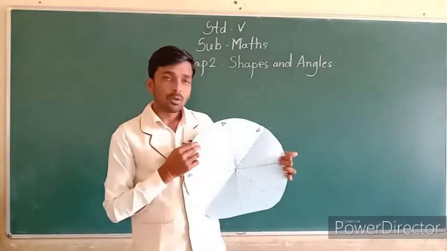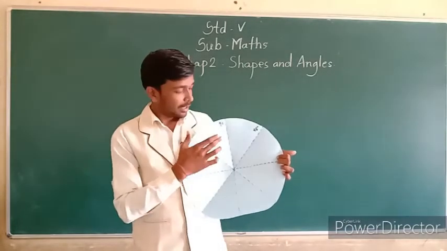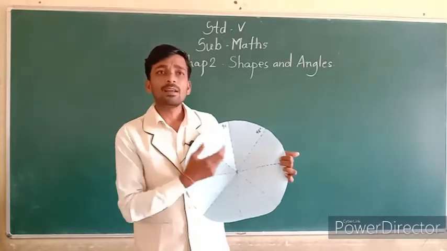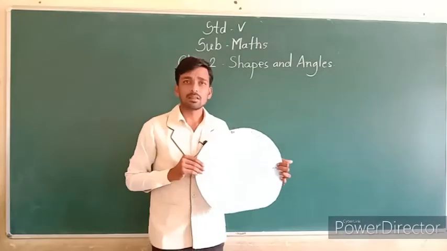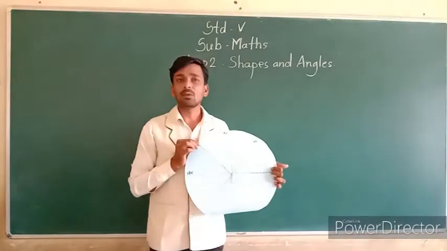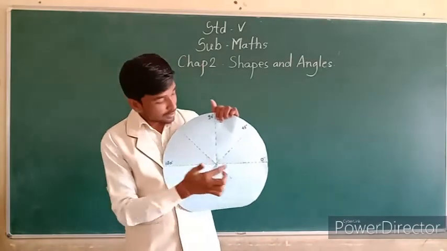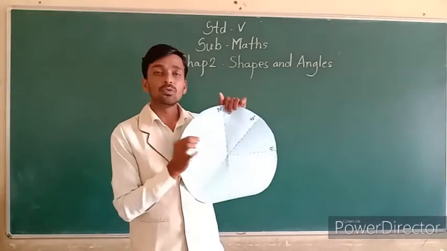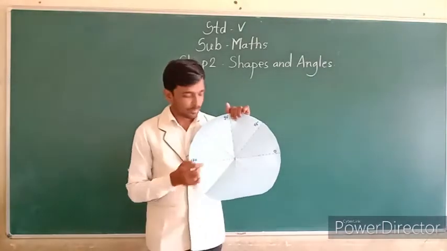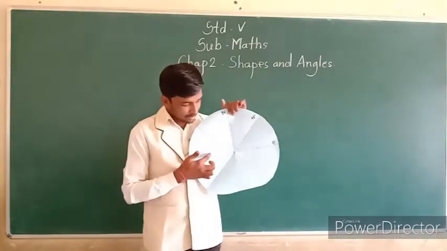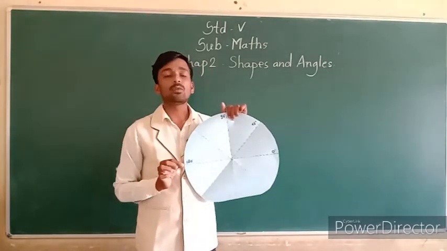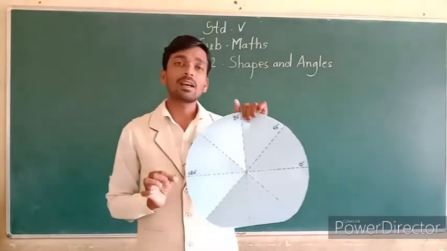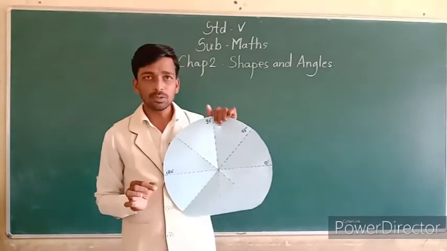Okay, and here which number do we get? To 90 you can add 45, then you will get 135. From 0 degree to this line you will get 135 degree, and from 0 degree to this line you will get 180 degree. All of you understood?